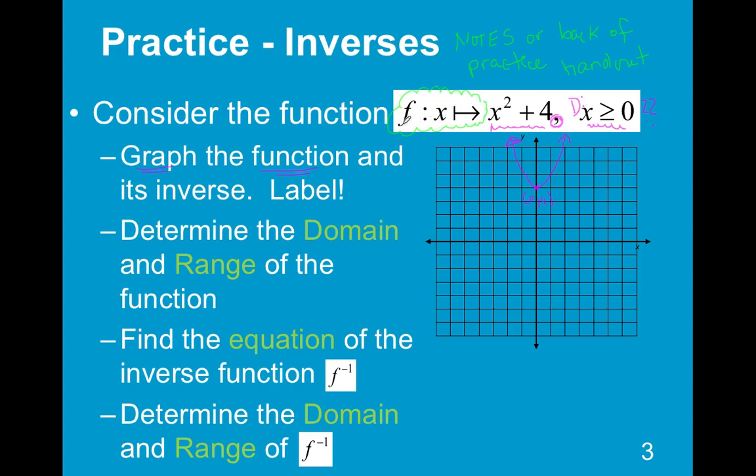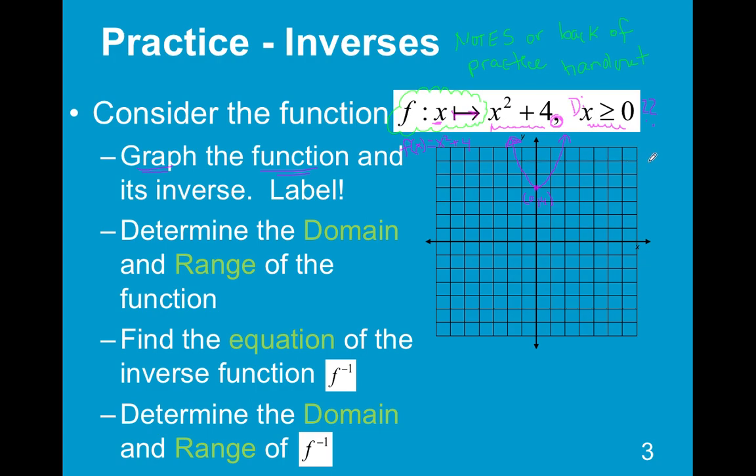It says there's a function that uses x, and how you get the y's is putting x into the following rule. So I read this as f of x is equal to x squared plus 4. So it's just notation, and even if you didn't know what it was, you probably could figure it out.